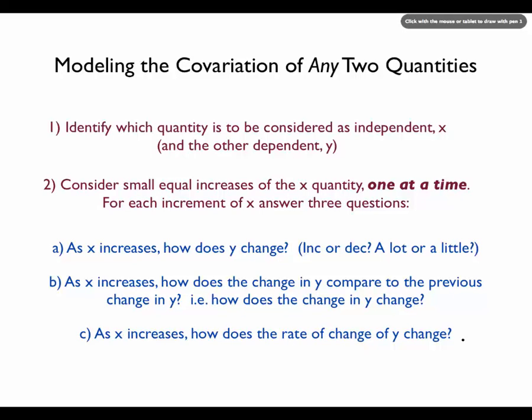So the focal question here then, I mean, A is absolutely necessary, but B is the focal question for us. What's happening to the changes in the output, or the changes in y, as we increase x a little bit at a time? Okay, so students who can articulate these things in different situations really understand covariation. And then you have something to understand around all the number crunching, right?